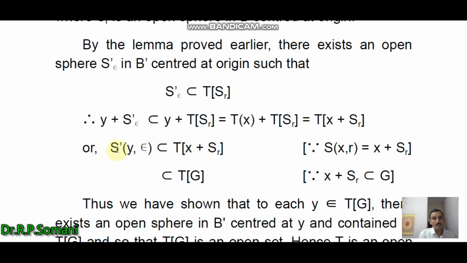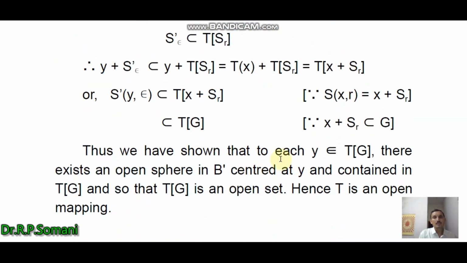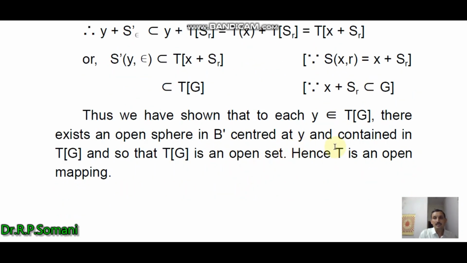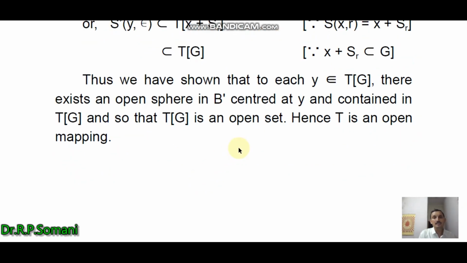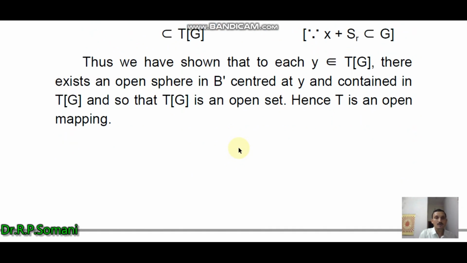So S(y, epsilon) is a subset of T(x plus Sr), and this is a subset of TG. Thus we have shown that for each y belonging to TG, there exists an open sphere in B dash centered at y and contained in TG, and so TG is an open set and hence T is an open mapping. So we have proved this theorem.